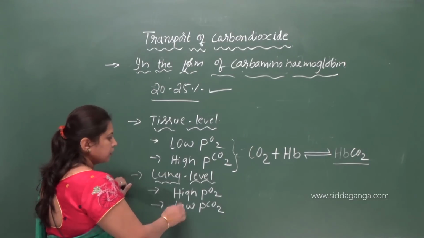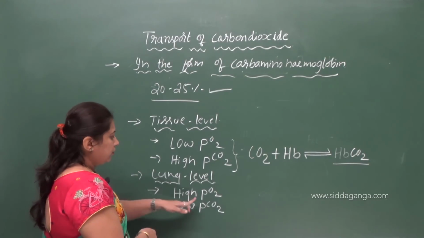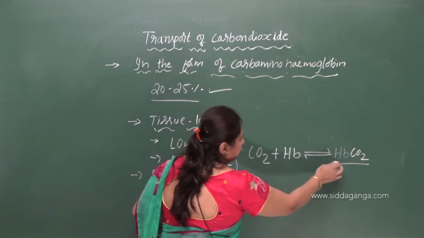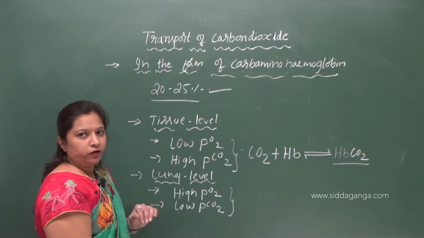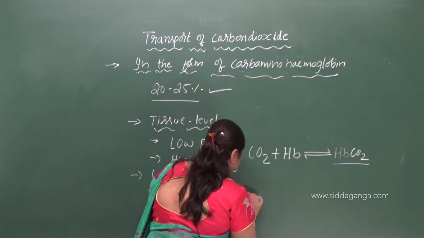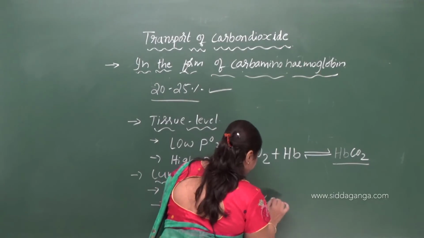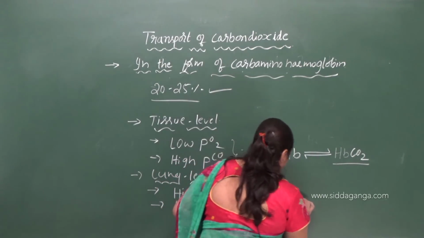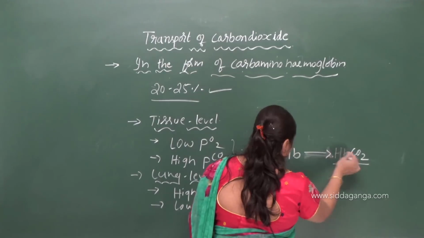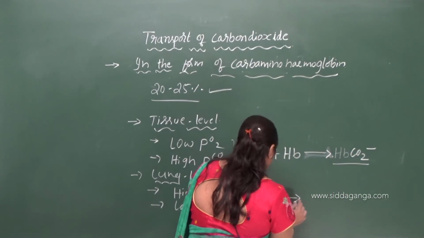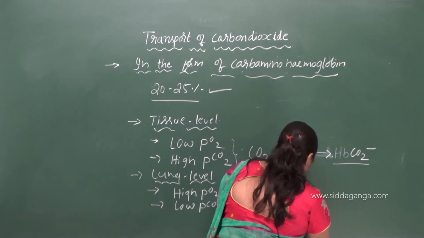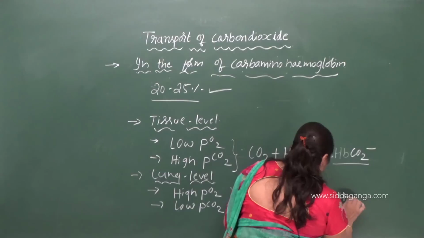These two factors at the alveoli favor the dissociation of carbaminohemoglobin. At the alveolar level, the carbaminohemoglobin dissociates to form carbon dioxide and water.